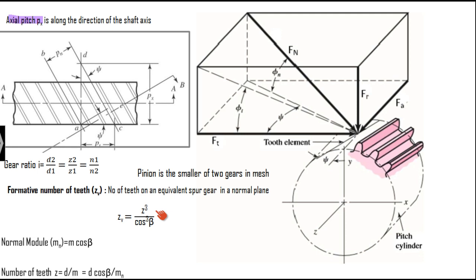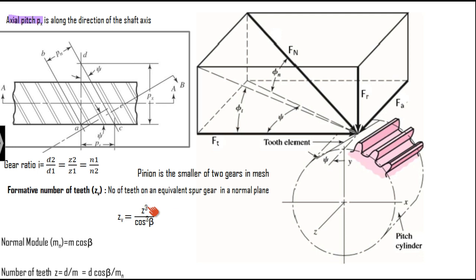But Zv is not the actual number, it's a virtual number of teeth, or the formative number of teeth on the normal plane. It doesn't mean that you should have a whole number there. We can have 22.31, like that. Whatever value you get for the formative number of teeth, there is no need to round it up. You can directly use that value because it is an imaginary value.